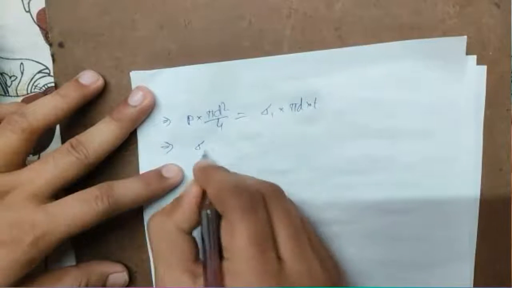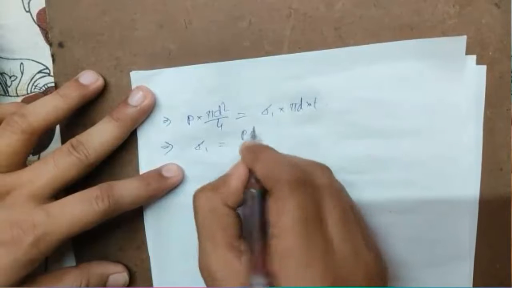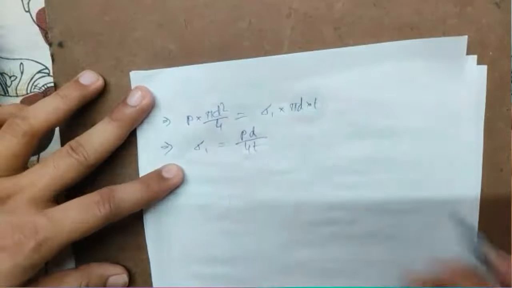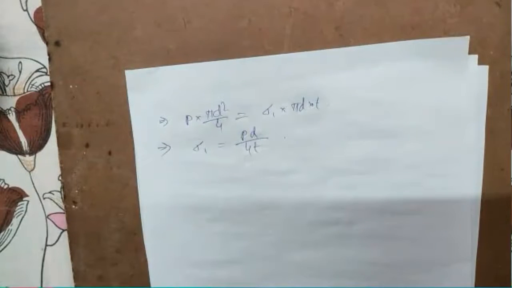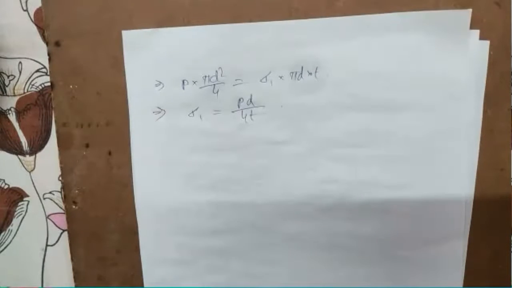So from here we can find out sigma 1 is equal to Pd by 4t. Along whichever direction they have the tendency to split or fail, the stress generated will be Pd by 4t. This is of course tensile in nature.